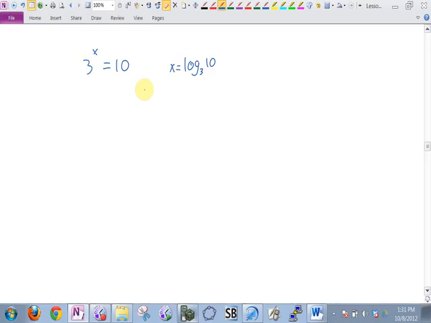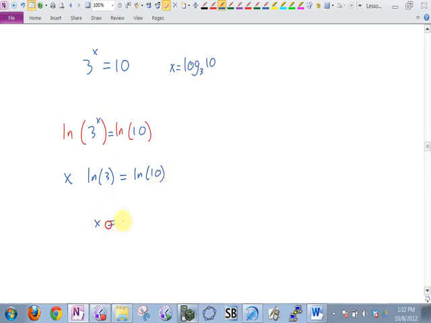Yes or no? Yes. Now, I could have actually solved this equation a different way. I could have taken the natural log of both sides. I have this new power rule that tells me I can do what with this x? Put it out front. And then what can I do to get x by itself?